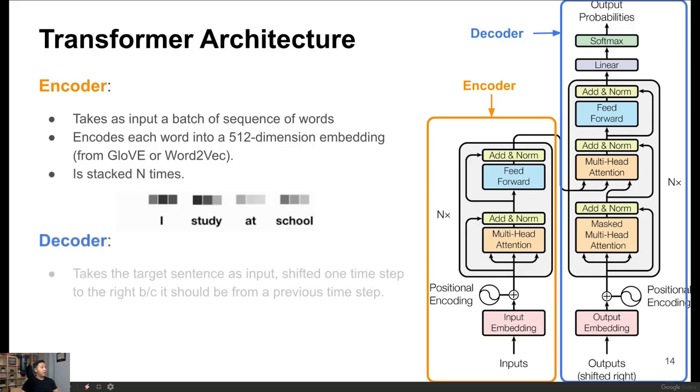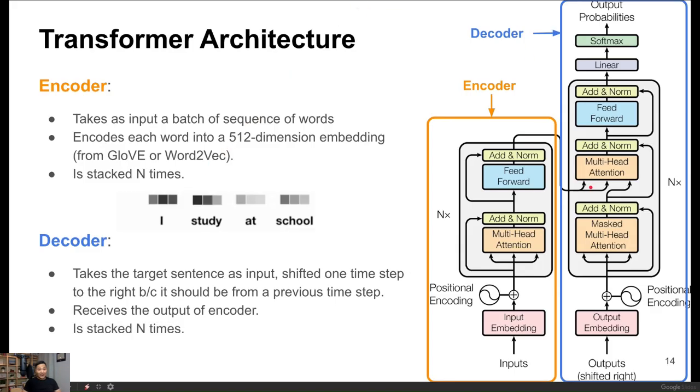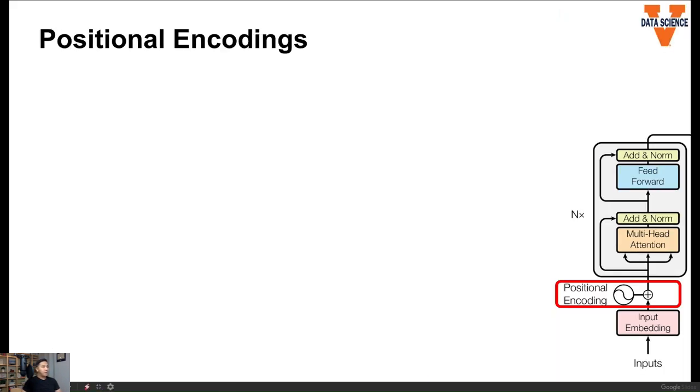The decoder takes the target sentence as input, shifted right by one time step, for the reason that you need to only see the previous time steps and not the current time step. You receive the output from the encoder, since you need some information from the encoder, and you also stack it N times, 6 times in the paper. And it outputs the probability of possible words at every time step.